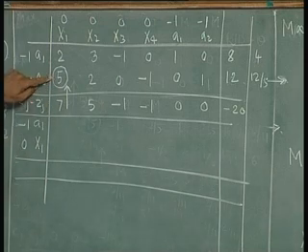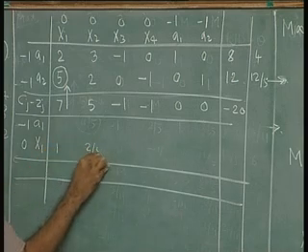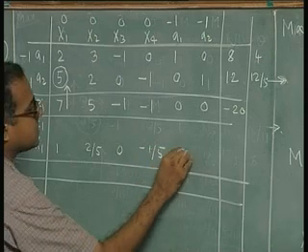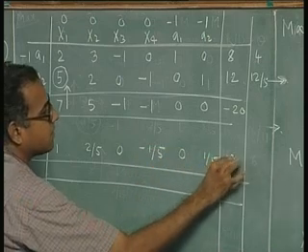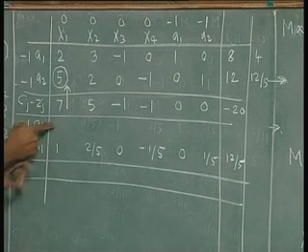So, divide every element of the pivot row by the pivot element to get 1, 2 by 5, 0, minus 1 by 5, 0, 1 by 5, 12 by 5. We need a 0 here.